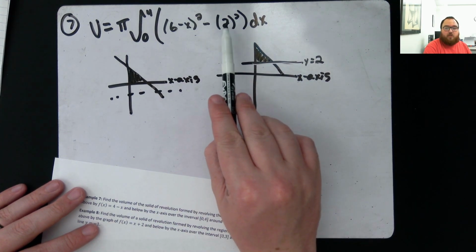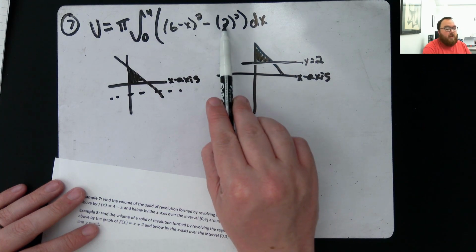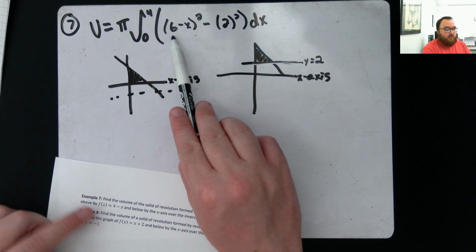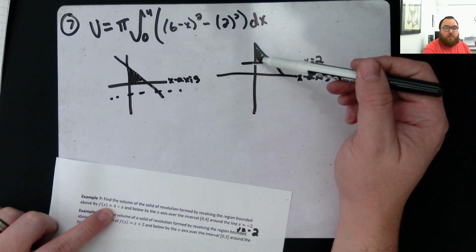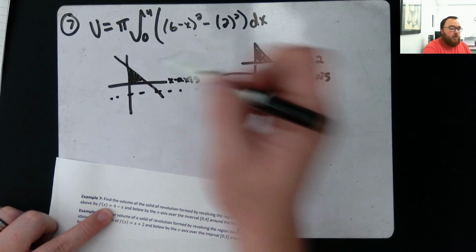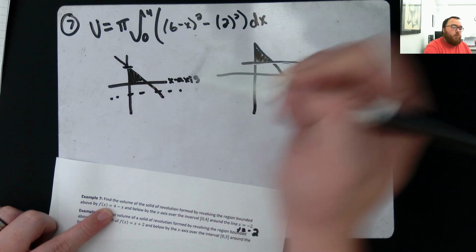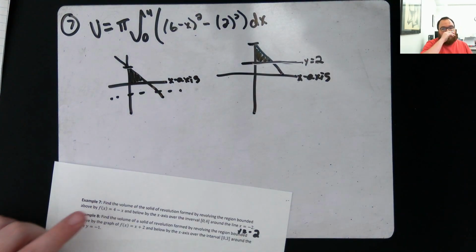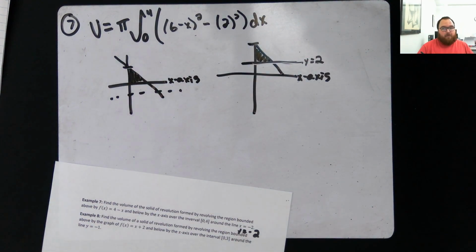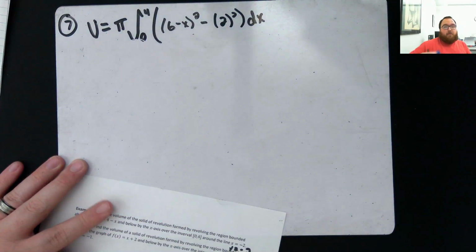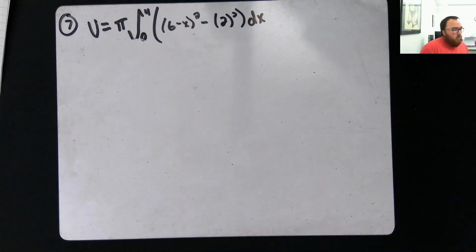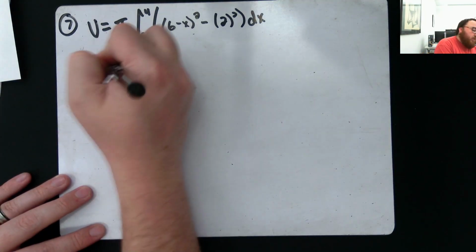That's where I get this 2 from. And the reason I have a 6 right here instead of a 4 is because I moved my graph up 2 places. It was originally at 4, moving it up puts it at 6. If that doesn't make sense, let me know, okay? No problem. It won't make me mad or sad or anything. Let me know, okay? So now let's work this out.